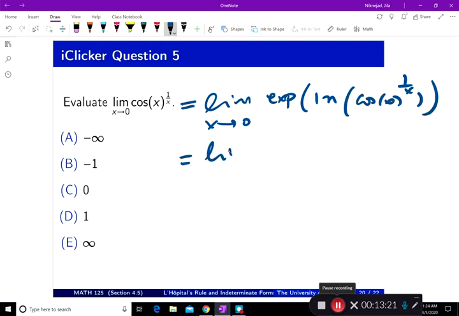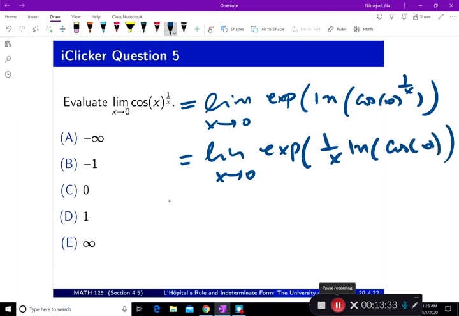And this is the limit as x approaches 0 of exponential of 1 over x natural log of cosine of x. And then limit as x approaches 0. And I can bring the limit in, so instead of keeping it out there, I put in exponential of the limit as x approaches 0 of this.